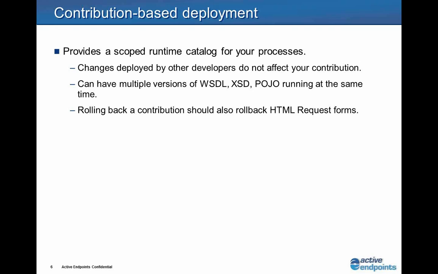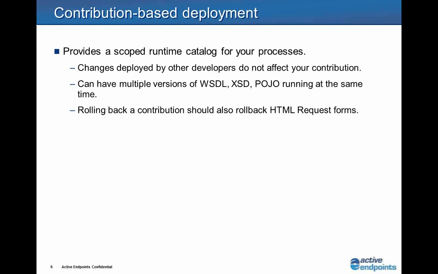It was pretty much all global. What we're doing with this, following the SCA approach, is having scoped catalogs per process or per project. So changes deployed by other developers or by subsequent versions don't affect your contribution. So you can have multiple versions of WSDLs, schemas, POJOs, etc.